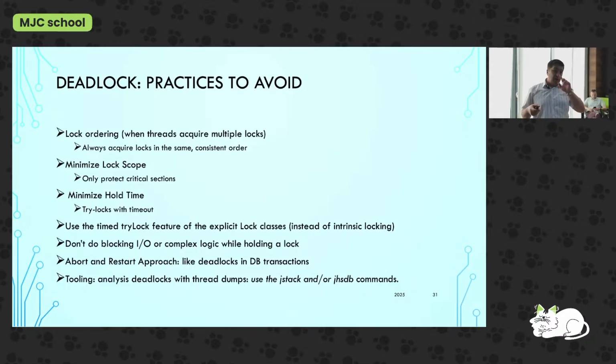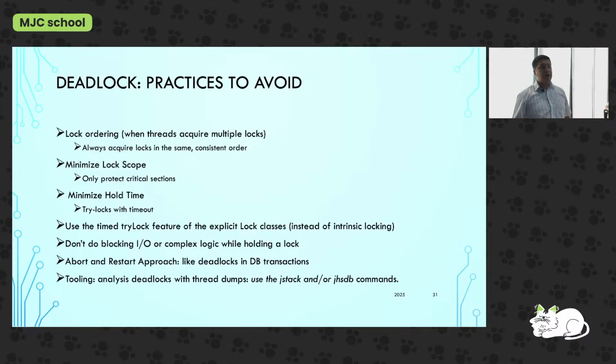One of the key things I like in databases, for example, if you write transactional code in a database, there is a mechanism to find a victim and kill that transaction in the RDBMS, the relational database.